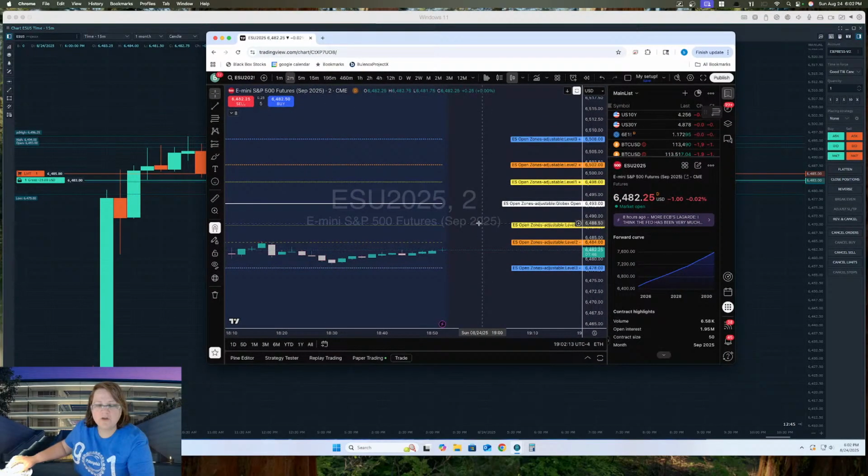Here you guys can see these levels. I'm going to have to translate them and put them over in Quant Tower, but there they are right there for Trading View.